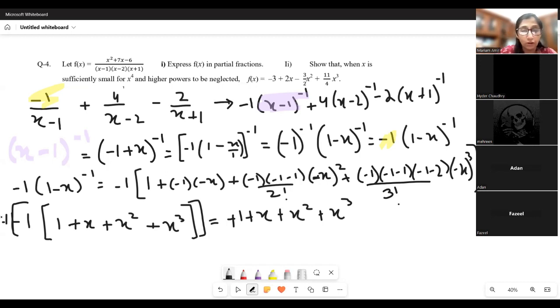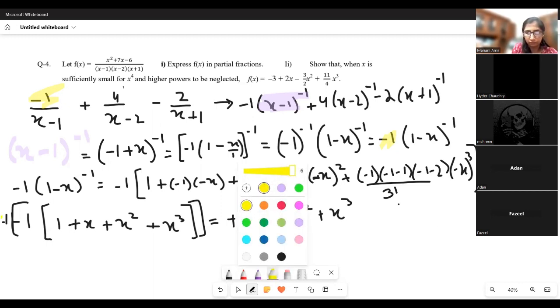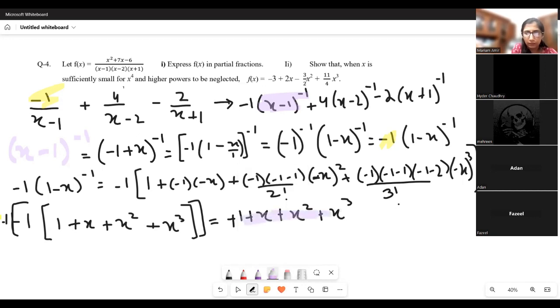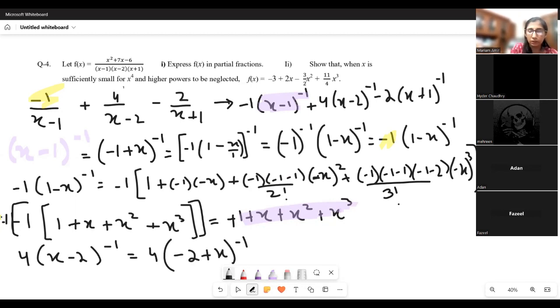Yes. All right. So we have managed to expand the first expression. Now let's quickly expand the second one, which is 4 times x minus 2 power minus 1. That is going to be 4 times, bring the constant forward, minus 2 plus x power minus 1.